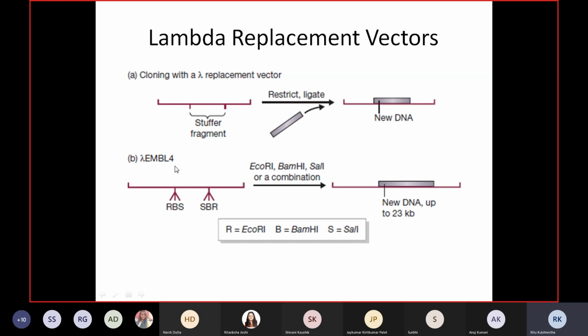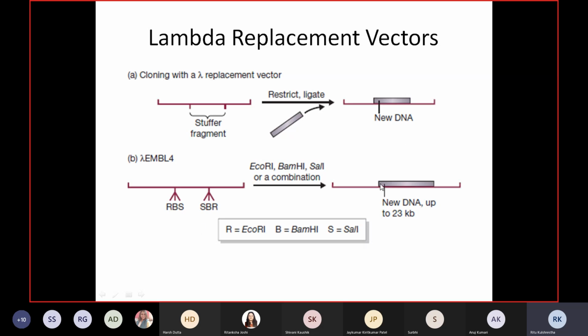These are the lambda EMBL4 series of lambda replacement vectors that they have developed. At the ends of the stuffer fragment, they have added three restriction enzyme sites in the orientation given here.